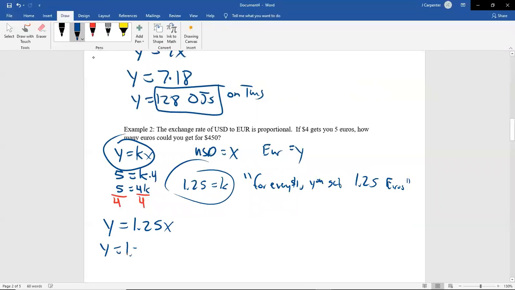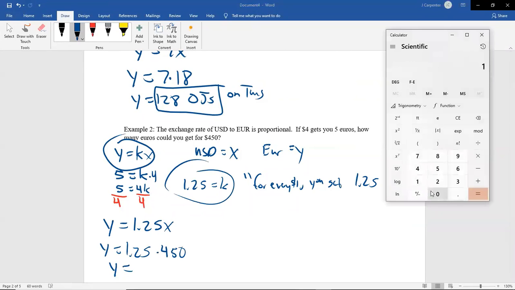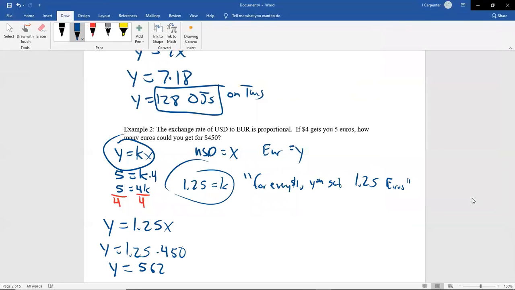But this will be y equals 1.25 times 450, and we get 562 and a half. 562.5, maybe 0.50 because we're talking money, and give the exact type of money we are talking about, euros.